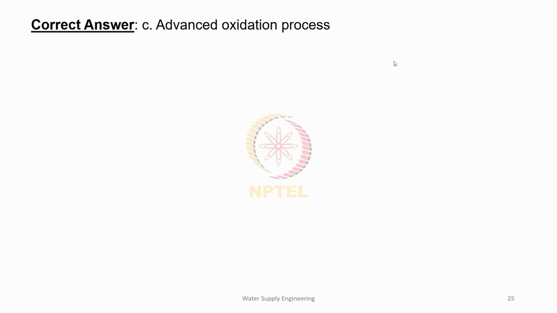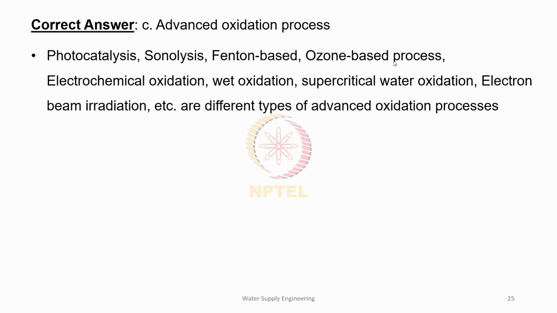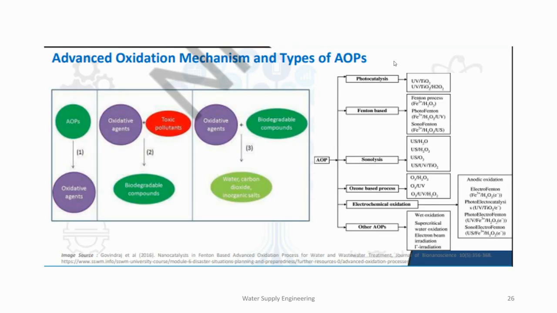Okay. So the correct answer is option C, advanced oxidation process. Photocatalysis, sonolysis, Fenton based, ozone based process, electrochemical oxidation, wet oxidation, supercritical water oxidation, electron beam irradiation, etc. All are different types of advanced oxidation process.